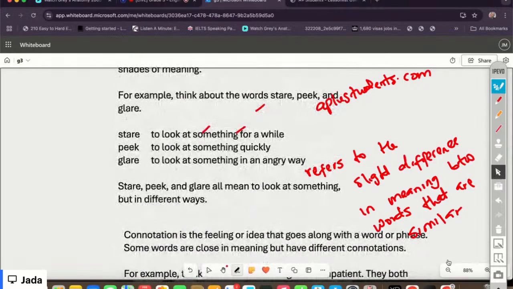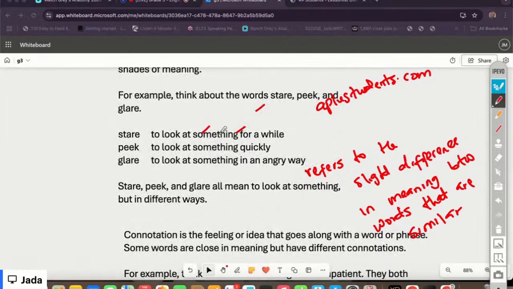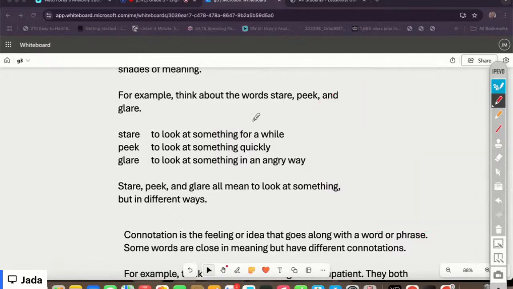So for example, think about the word stare, peek, and glare. Now, all these words mean that you're looking at something, but in a slightly different way. To look at something for a while, that is stare.